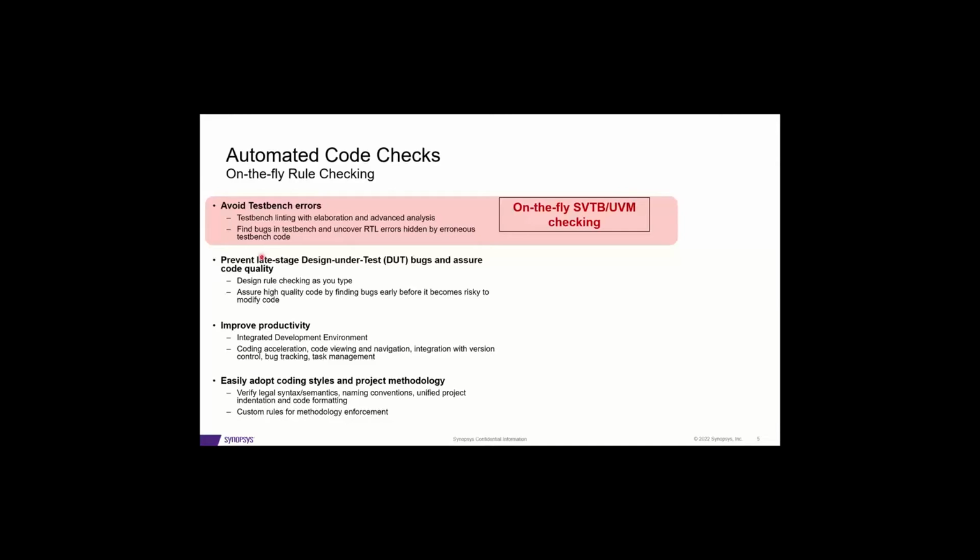We can avoid a lot of test bench errors if we have verification rule checking on the code as we type it. And with on-the-fly design rule checking while coding the DUT, we can also prevent a lot of issues which are typically uncovered during, say, synthesis or simulation, which saves a lot of time at later stages and ensures that downstream tools are more likely to work the first time we run.